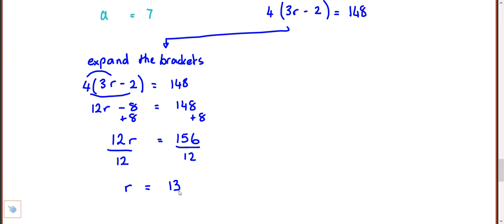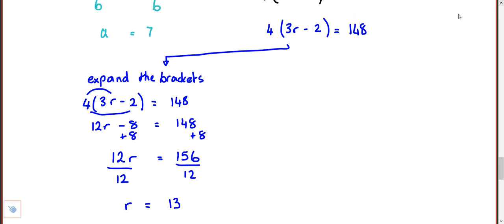Right, are you okay with that? Now, can I just show you that we could have done what we've been doing before? Instead of expanding the brackets, let's just do the opposite of what happened. So I've got r times 3, then minus 2, then times 4 equals 148.